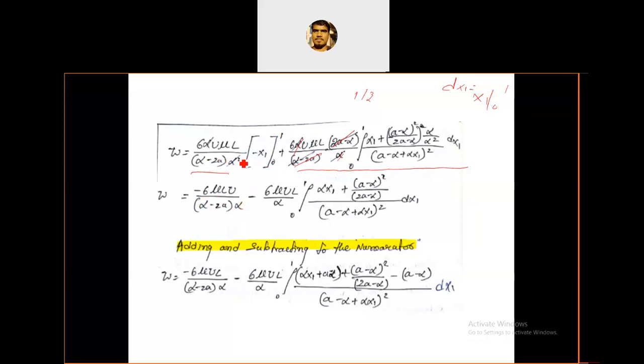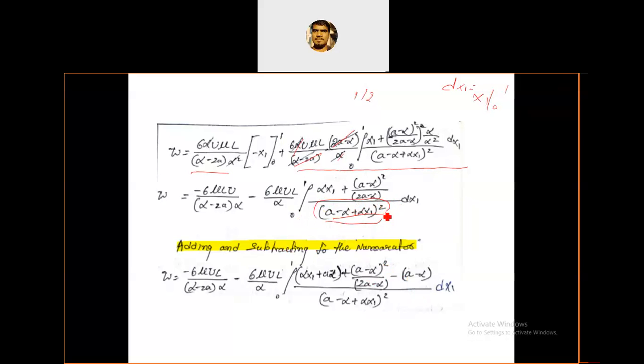So here alpha square is there, and one alpha gets cancelled. 0 minus 1, and here same thing, and this is alpha x1 plus a minus alpha square by 2a minus alpha, and this term. So now adding and subtracting in the numerator, we can reduce this term to this term.